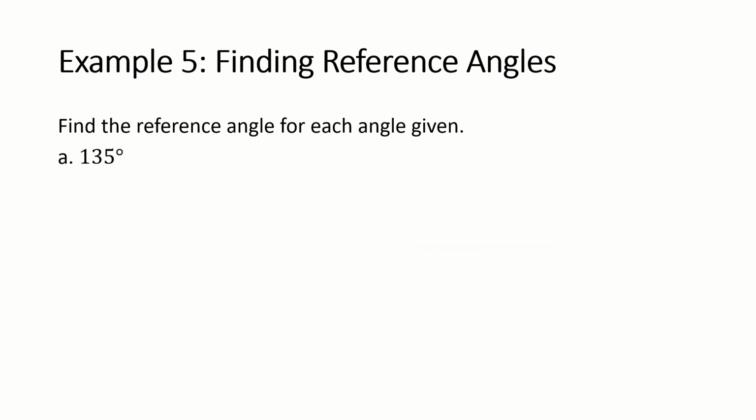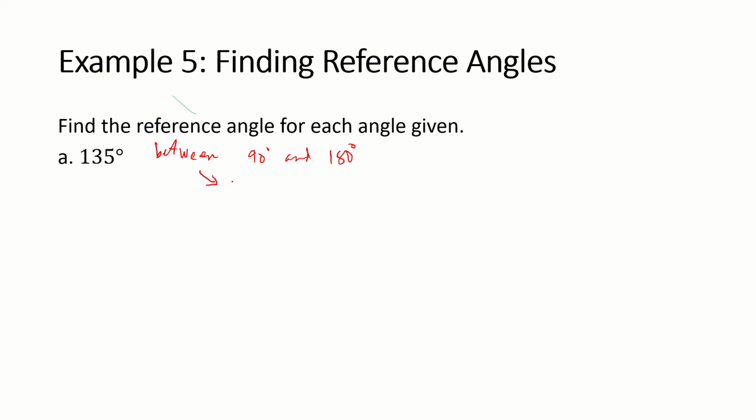Okay, let's continue with B. Just don't mind the letter there. That's B already, 135 degrees. So 135 degrees is between 90 degrees and 180 degrees.